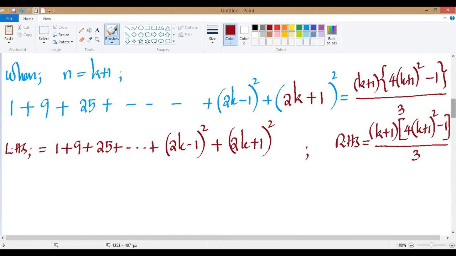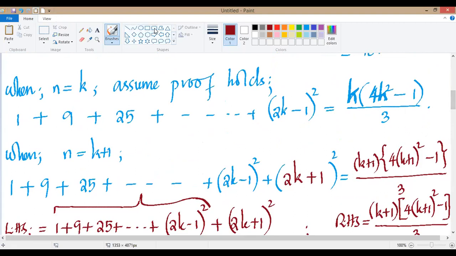However, the summation is a recap for anyone who is not yet there, because this is what we did in the previous lesson. The sum from the first term up to 2k minus 1 all squared, we know it. It's this sum here. From 1 up to 2k minus 1 all squared, you get k into 4k squared minus 1 all over 3.